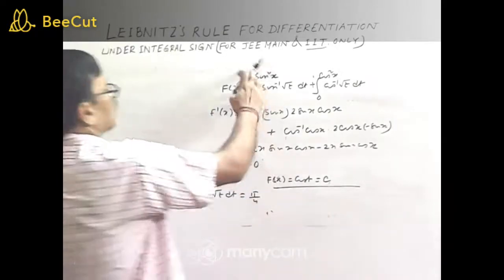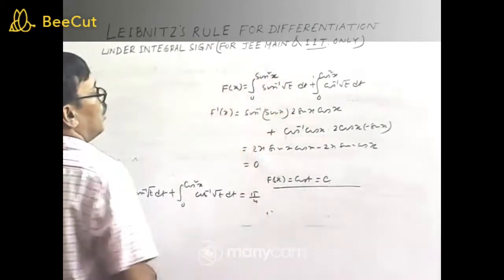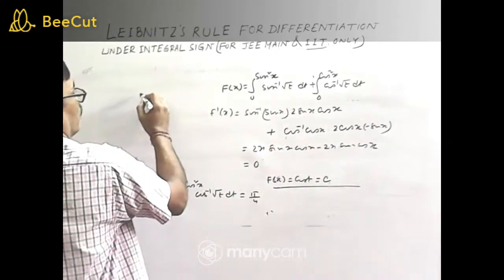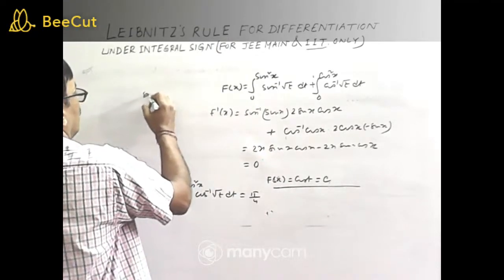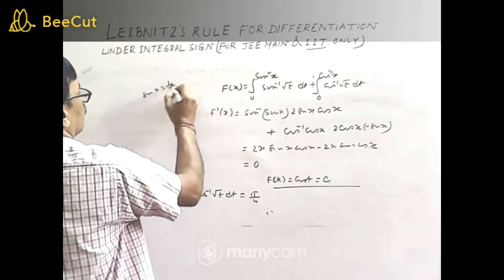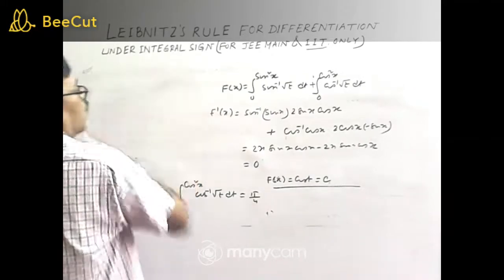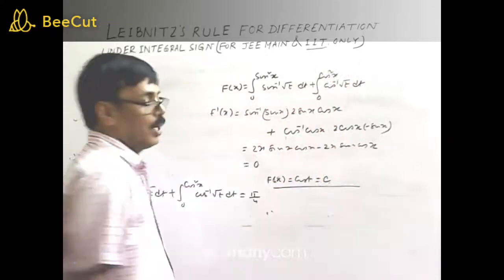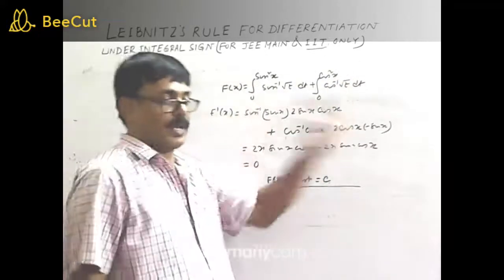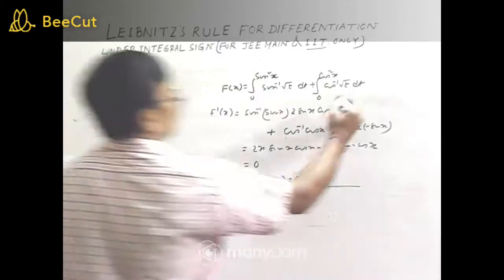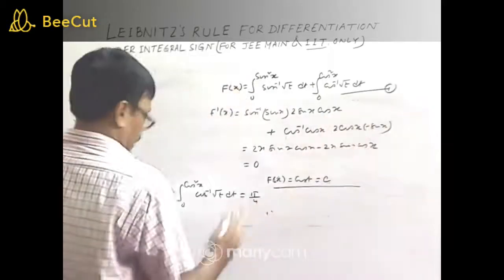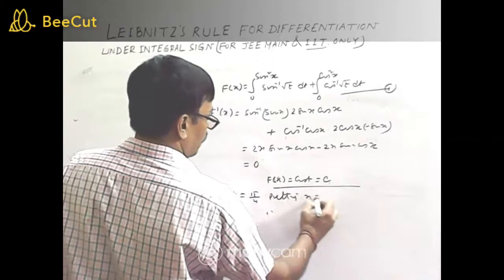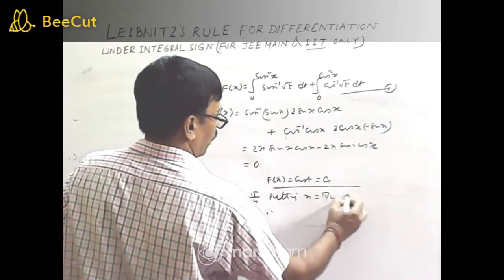So look, this is sin square x. So if we put sin x equals 1 by root 2, that is x equals pi by 4, this is half. Cos square x is also half. Both upper limits are the same. So that is why we are putting x equals pi by 4 in 1.